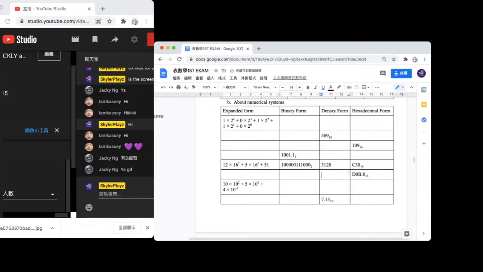For this hexadecimal system, copy the format here. In the hexadecimal system, D is 13, so 13. 0 is just 0, so here 1.